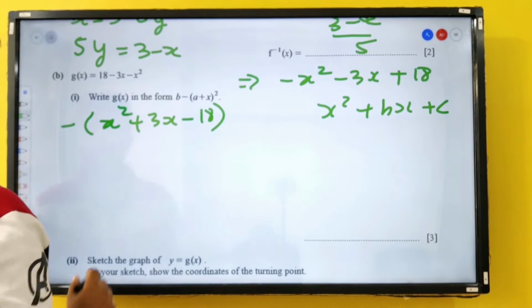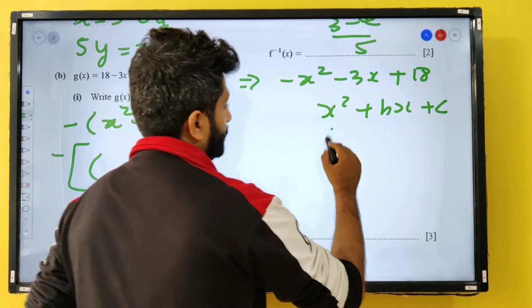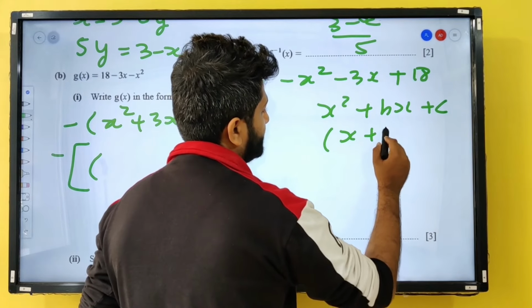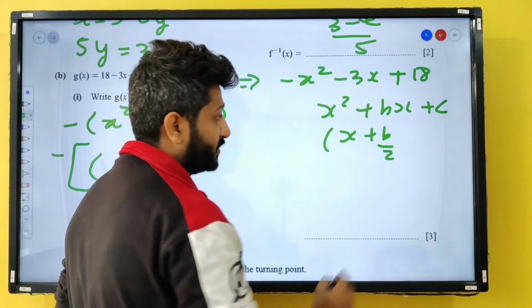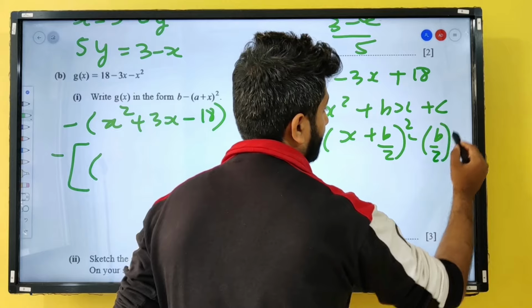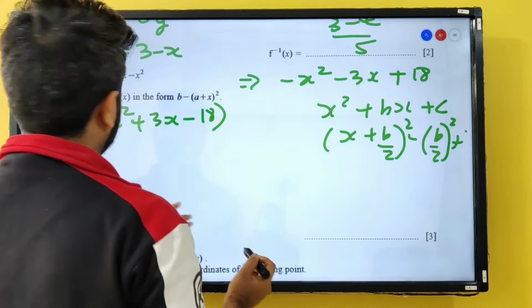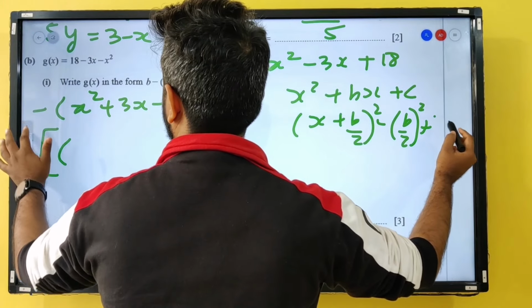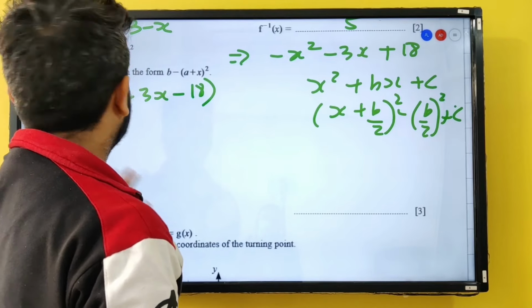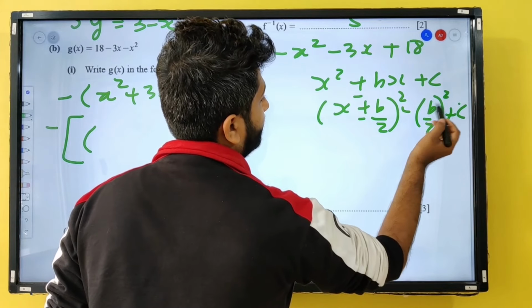Right? Now see what I am going to do. This is my b. This is known as completing the square format. So x plus b by 2 square minus b by 2 square plus c. Had the sign of b been negative, then we would have written negative.